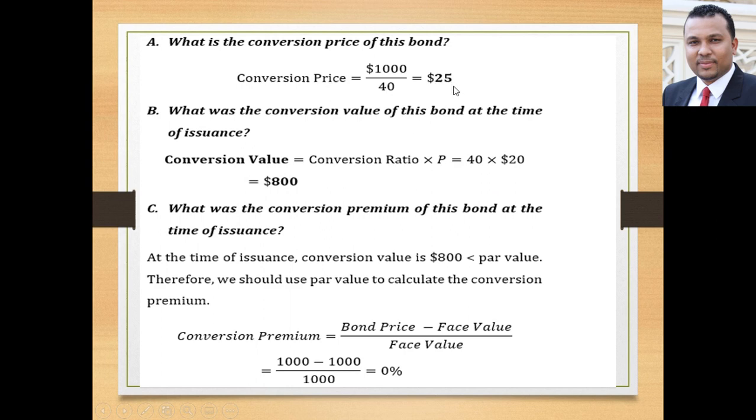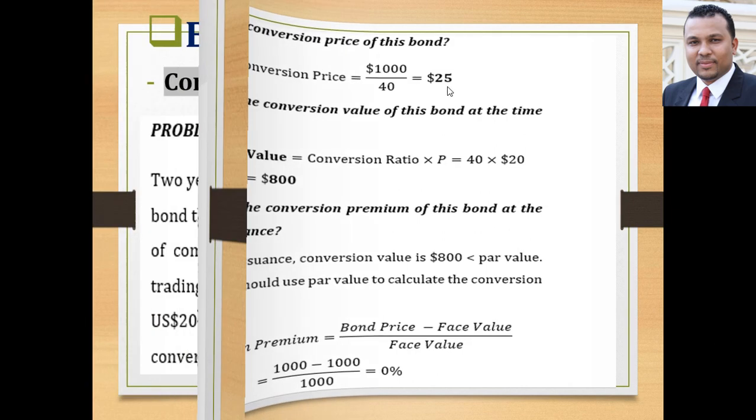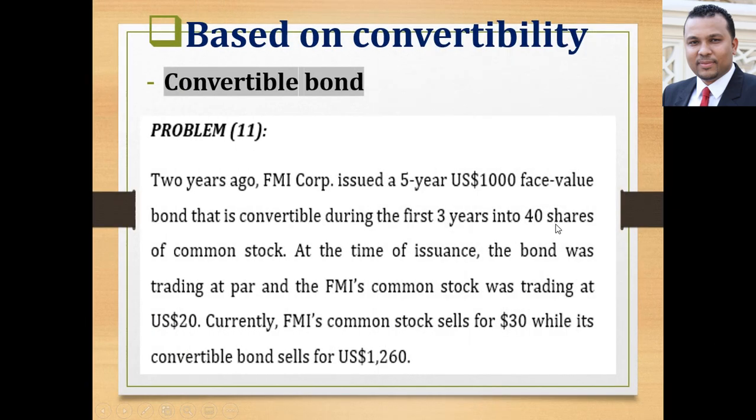Conversion price equals $25. Now, we compare the $25 with the price of common stock at the beginning, $20. This is the price.